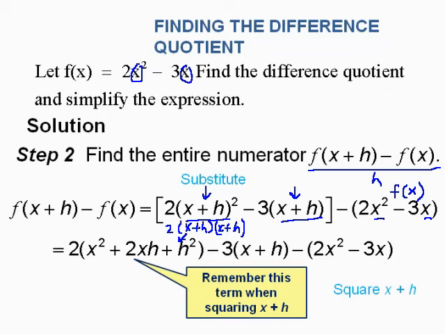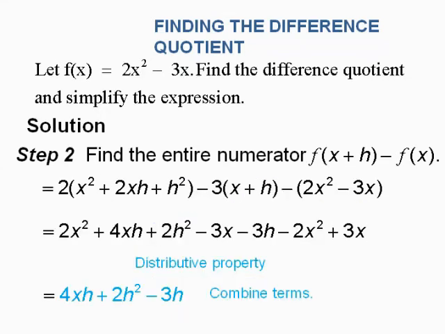And then you've got minus 3 times x plus h there, and then minus the f of x. So we're going to get the top done here real quick. So distributing in the next step here, we're going to get 2x squared, 2 times 2hx or xh, 4xh, and then 2h squared. So we've got a whole bunch of stuff on top.